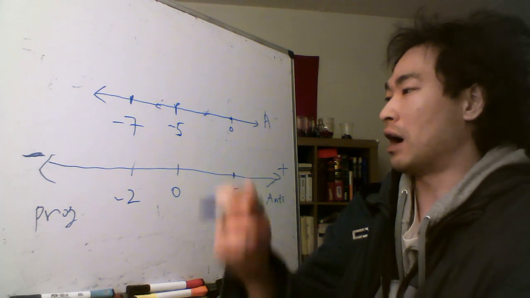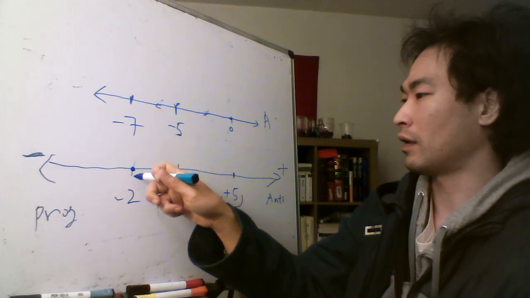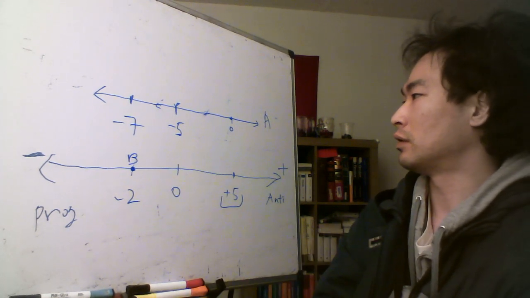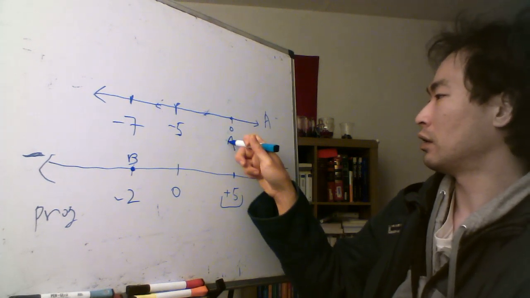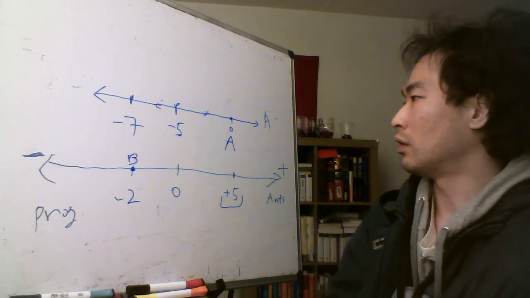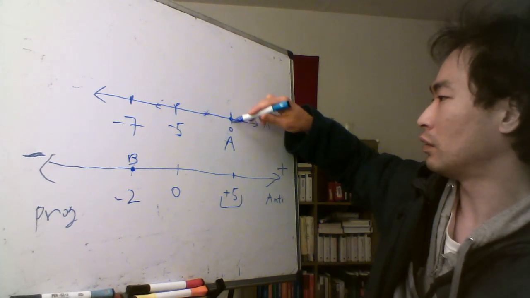Let's say Bob is right here. Bob. Adam is right here. So this is Adam's coordinate.